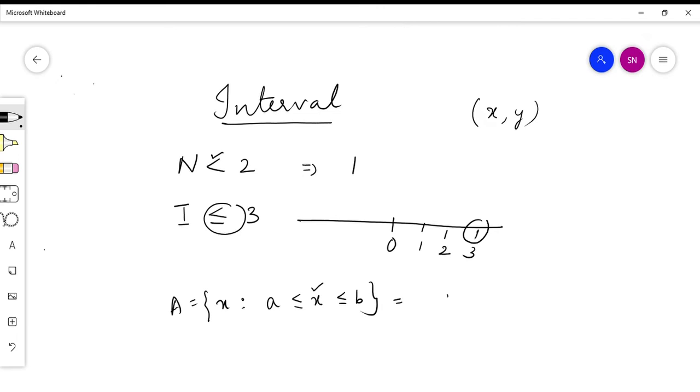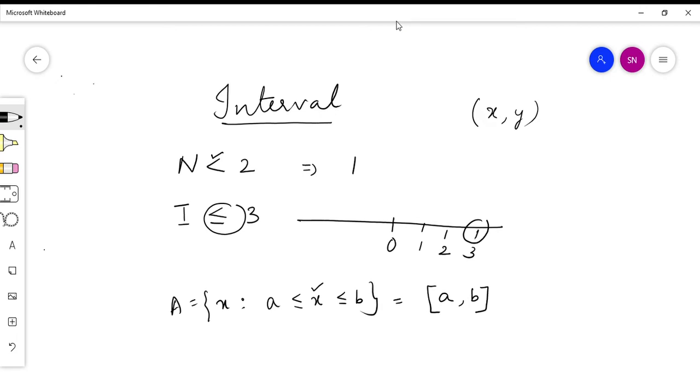I will write (a, b) with closed brackets. Since I have a less than or equal to symbol, I have to include a. Similarly, I have to include b. Whenever I include an element, I write a closed bracket. Whenever I don't include an element, I write an open bracket. I hope this is clear. I have given you a general example.